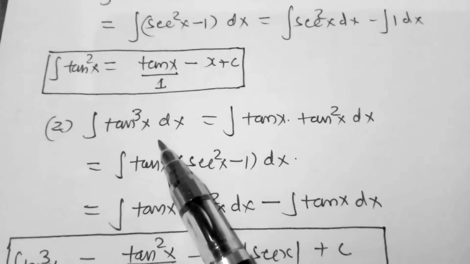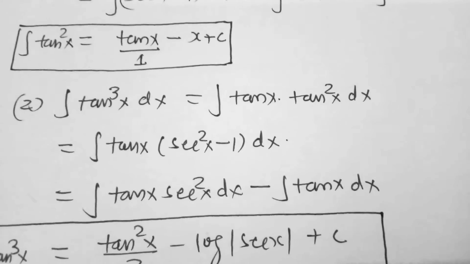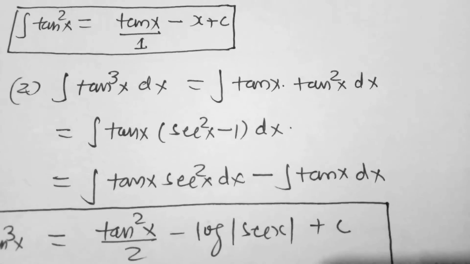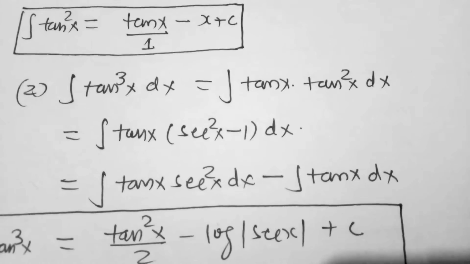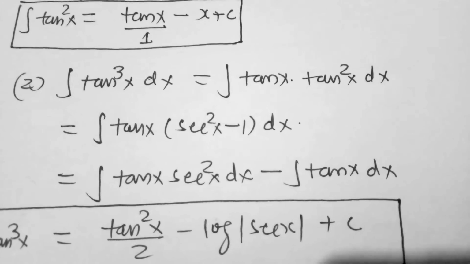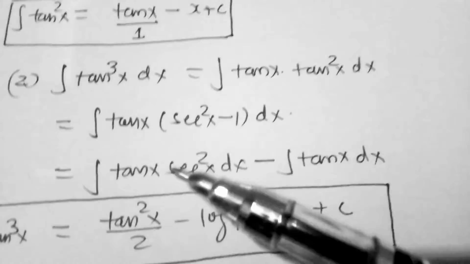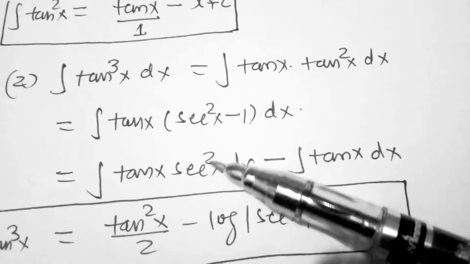Come to the second question. Integration of tan cube x dx. Here again we can write tan x into tan square x and replace that tan square x by sec square x minus 1. So that will be the integration of tan x into sec square x dx minus tan x dx. Now how can we integrate this? We know that the derivative of tan x is sec square x dx.